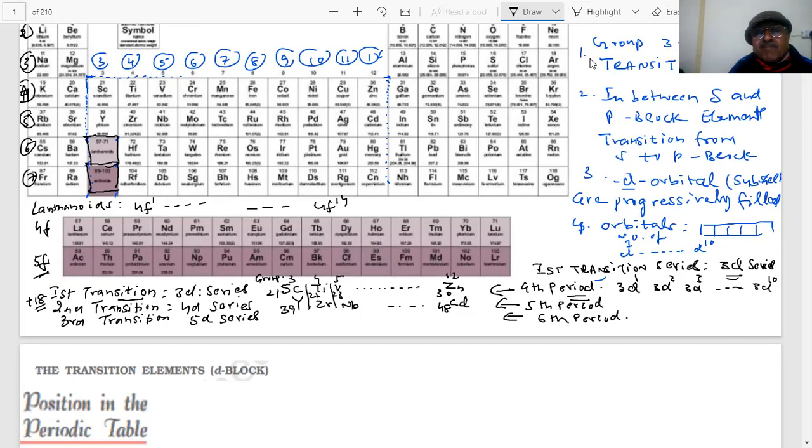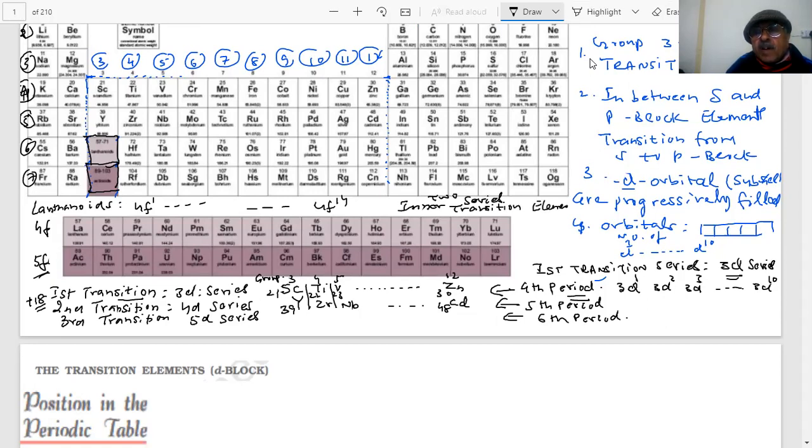So these are the inner transition elements, which are called lanthanides and actinoids. What are these two series? They are inner transition elements.